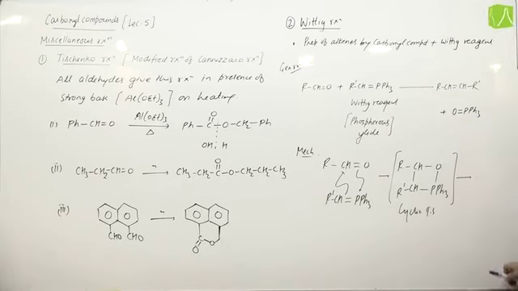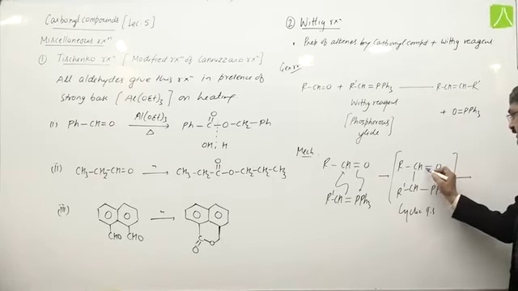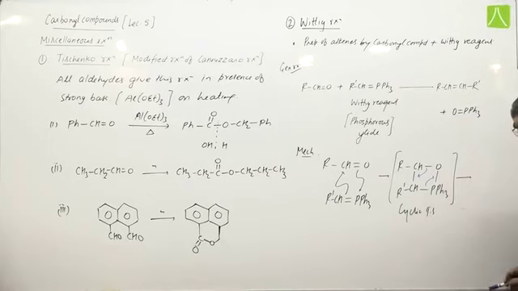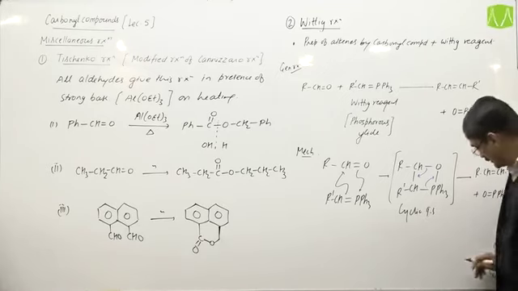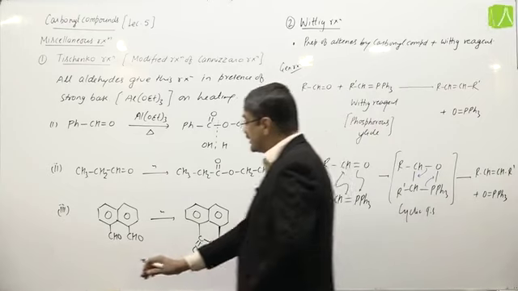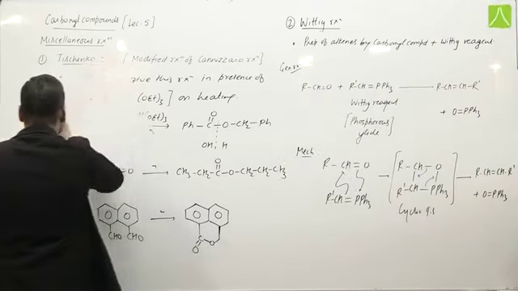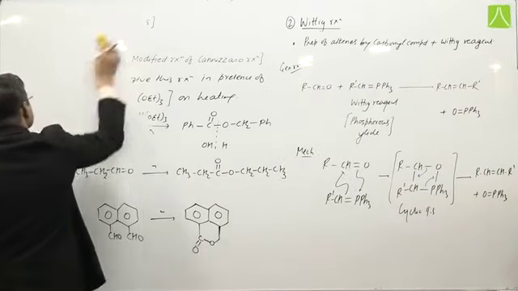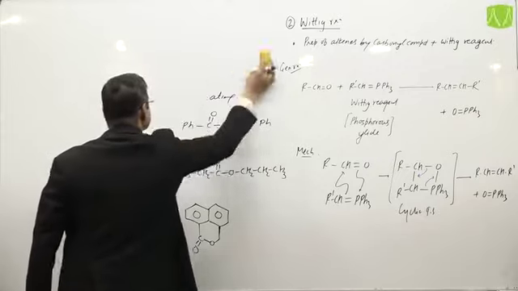So after the rearrangement, suppose rearrangement is like this. These bonds are broken. So RCH double bond CHR dash plus OPPh3, these are the products. Wittig reagent can be prepared from halides in basic medium with PPh3.